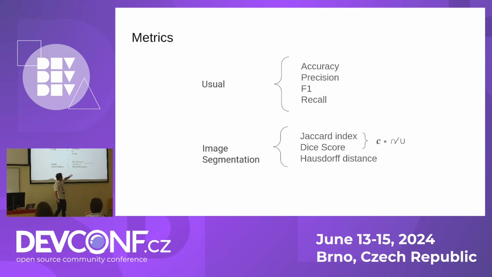The other one we have is the Hausdorff distance. The Hausdorff distance is a bit different. It actually measures the distance between the pixels in the mask, between the peaks of what we have as ground truth and the output of our model.